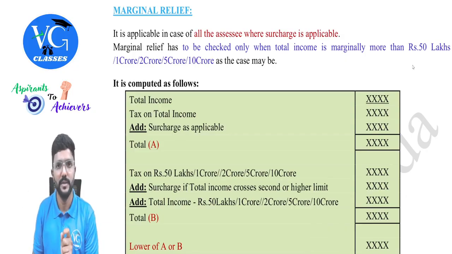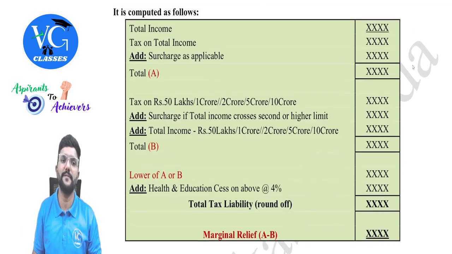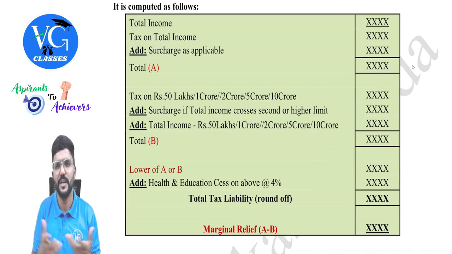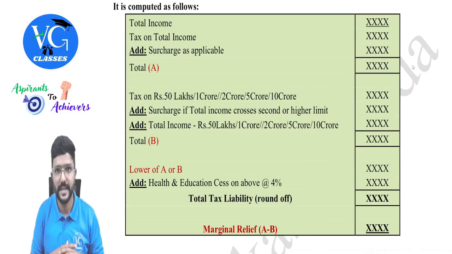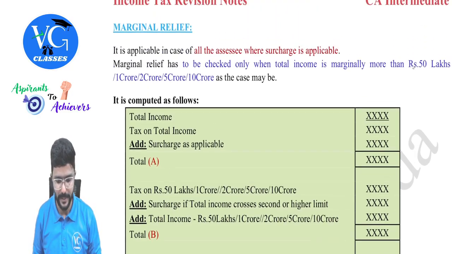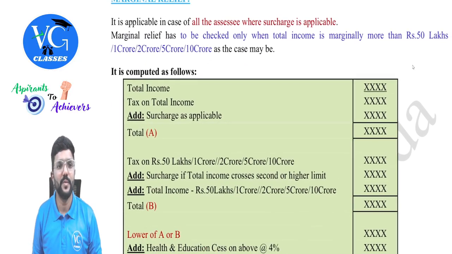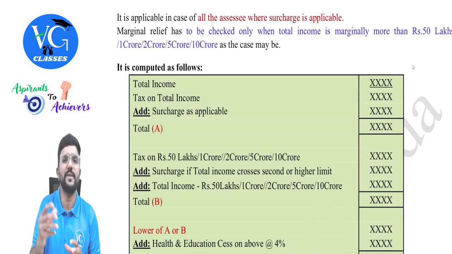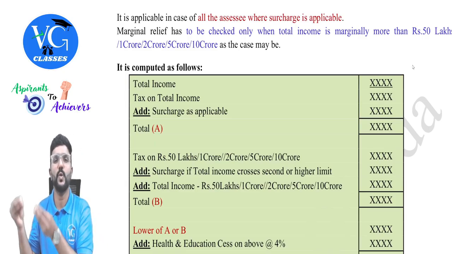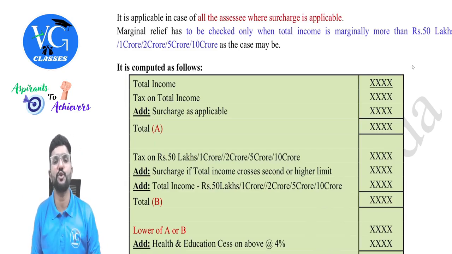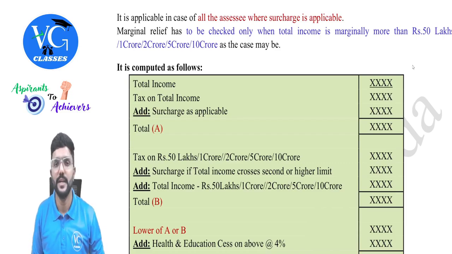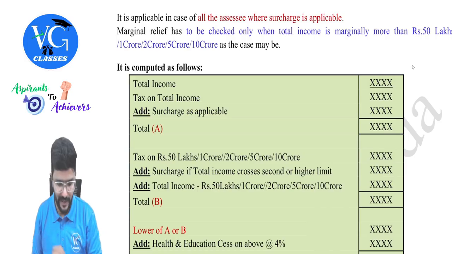Whenever you have a doubt whether relief is available or not, just apply the following steps and calculate. If relief is available, you will get it. If not, you will get zero. Is that clear? I will explain that concept. Whenever the total income is marginally more than 50 lakh, 1 crore, 2 crore, 5 crore or 10 crore, which are the threshold limits for surcharge applicability, then you can check marginal relief, guys.